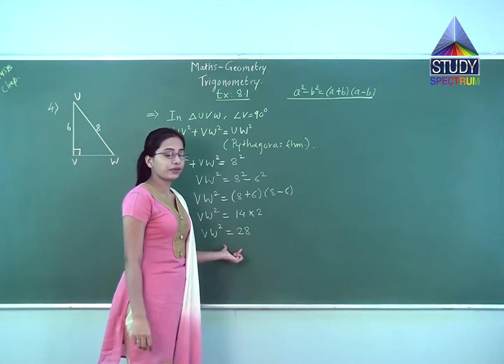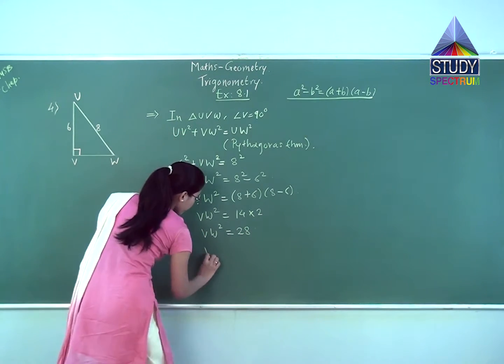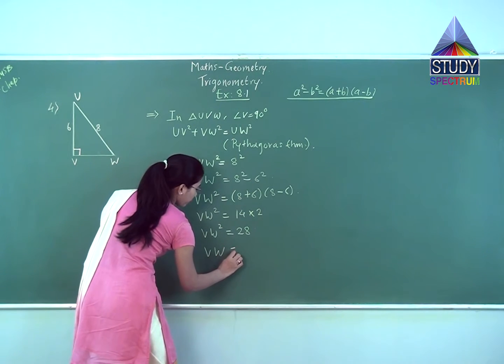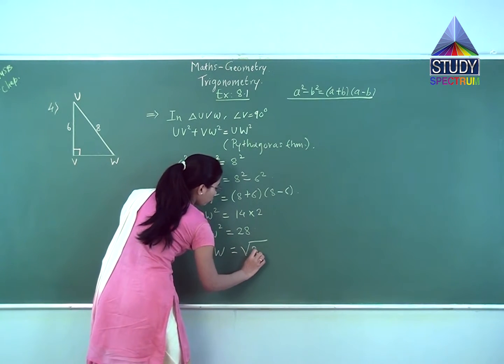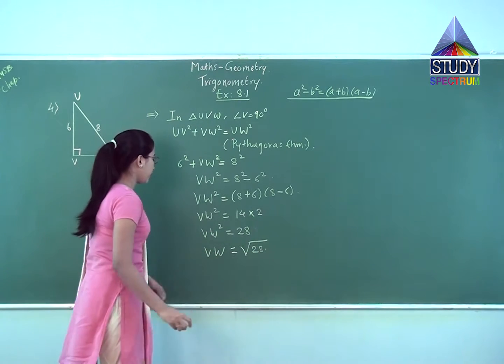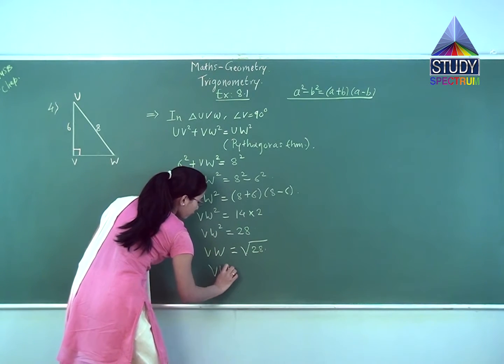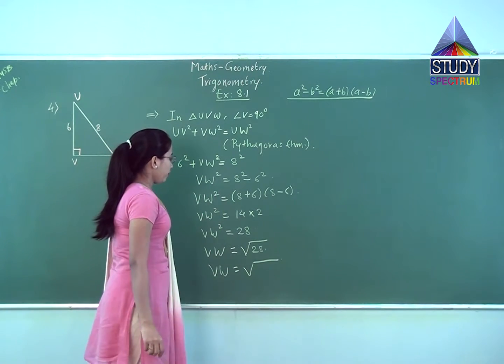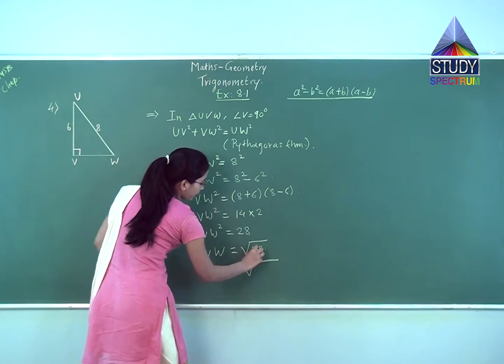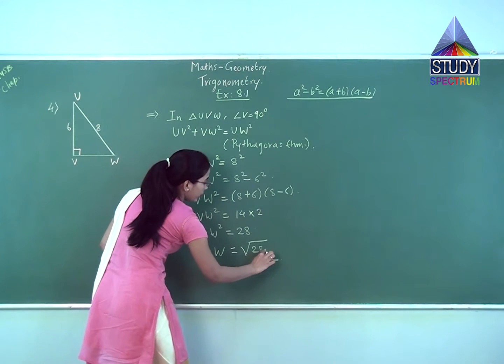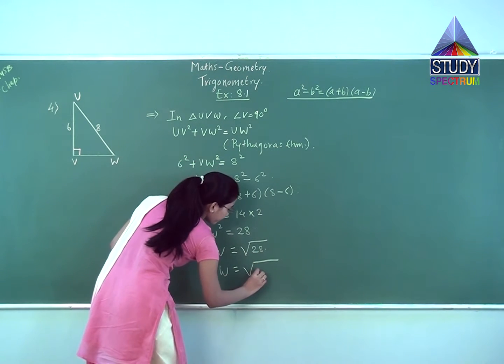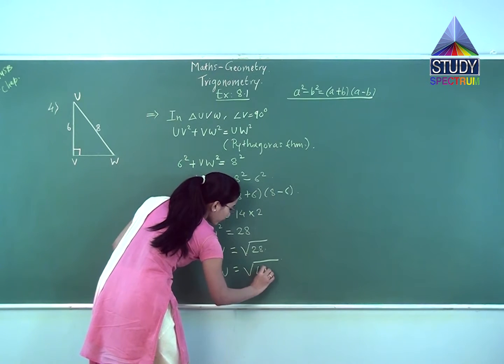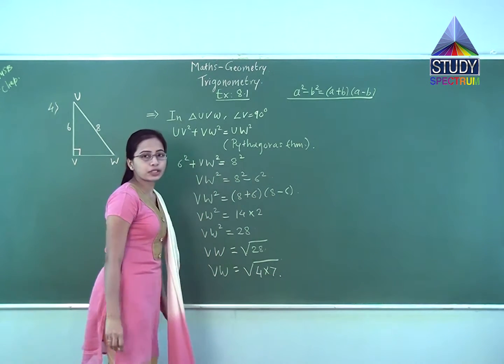28 is not actually a perfect square, so what we will do, under root of 28 we get after taking square root of both the sides. So VW is equal to, here I can write 28 as 4 sevens are 28.